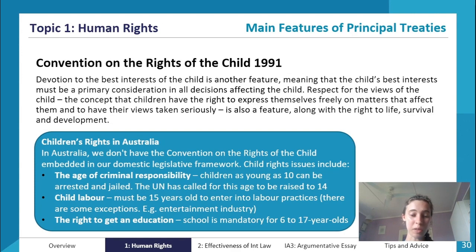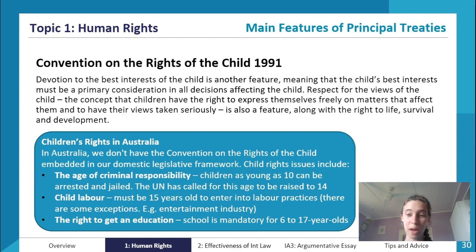And some more specific examples from Australia we have here. So devotion to the best interests of the child. So for things like when you have family law and determining things like custody, this is something that's really important. What is in the best interest of the child?